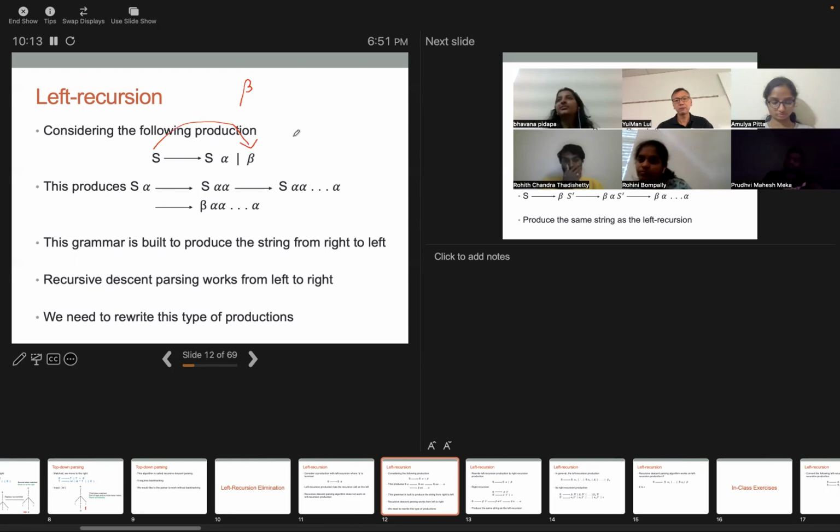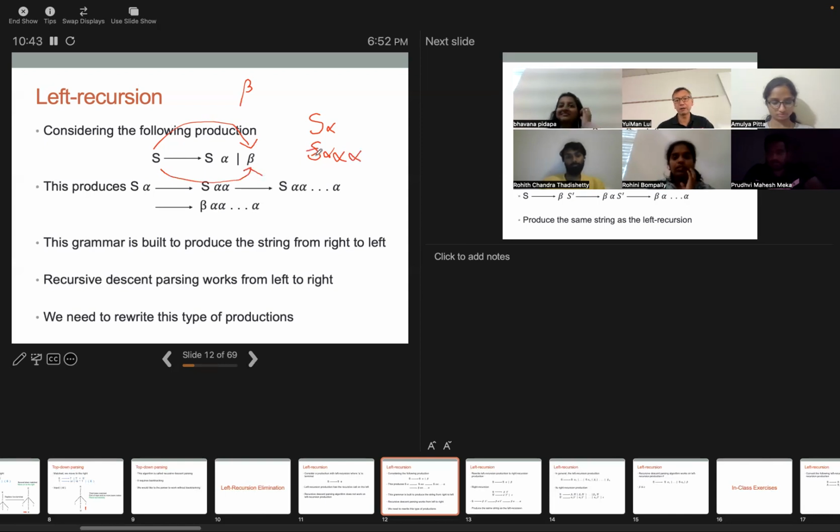Or you can choose S alpha, okay, and a recursive call, right? Then come back and choose S. And your S could also choose S alpha again. And it becomes 2 alpha. You choose that again, it becomes 3 alpha. Right? Eventually, your S has to choose beta.